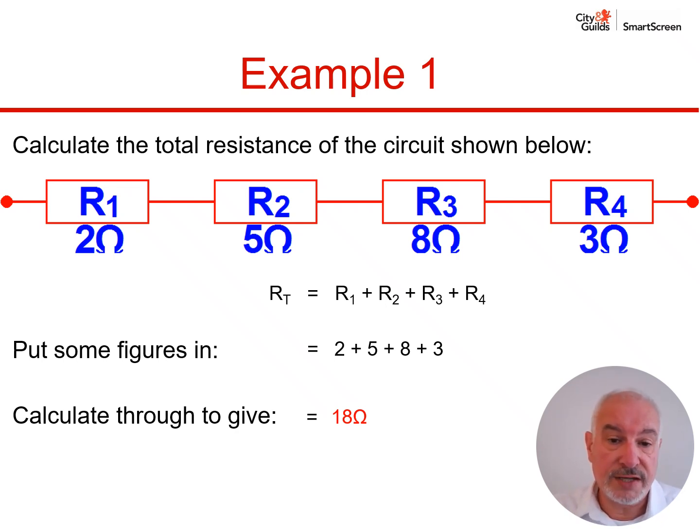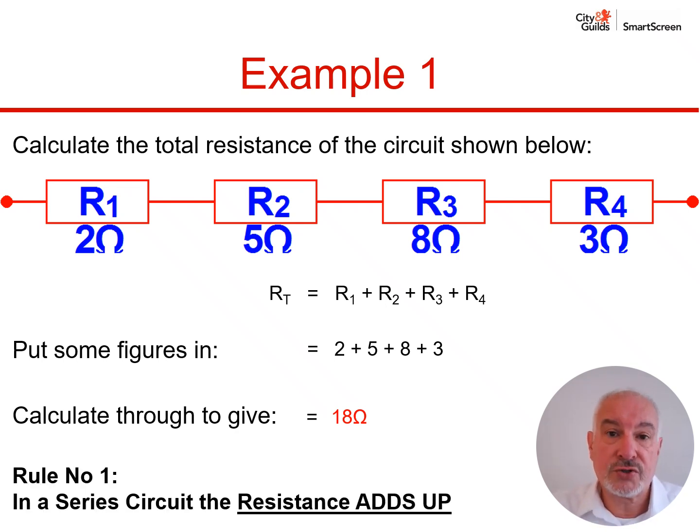You wouldn't necessarily need to write the formula down to do the calculation, because once you know that you just add them up, it's as easy as that. But the formula would be RT, because that stands for the total resistance, is equal to R1 plus R2 plus R3 plus R4. And if you had more resistors, you just keep adding them on until you've added them all together, and that gives you the total. It really is that easy.